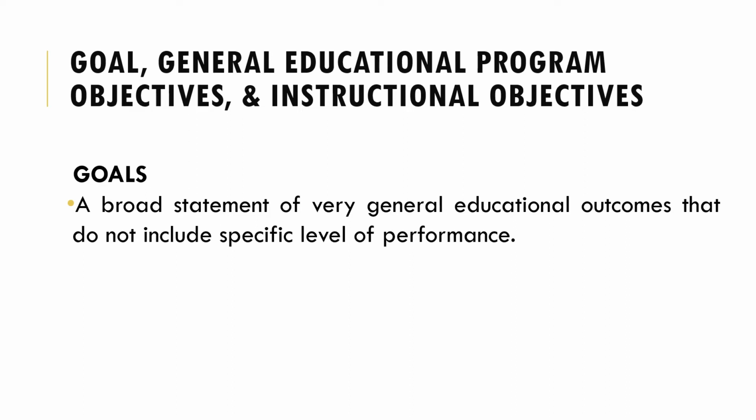So they are anchored because we really have to make sure that we have what we call vertical alignment, and they should also be cohesive. Our objectives and our goals should have the property of being cohesive and structured. So again, goals are a broad statement of very general educational outcomes that do not include a specific level of performance.